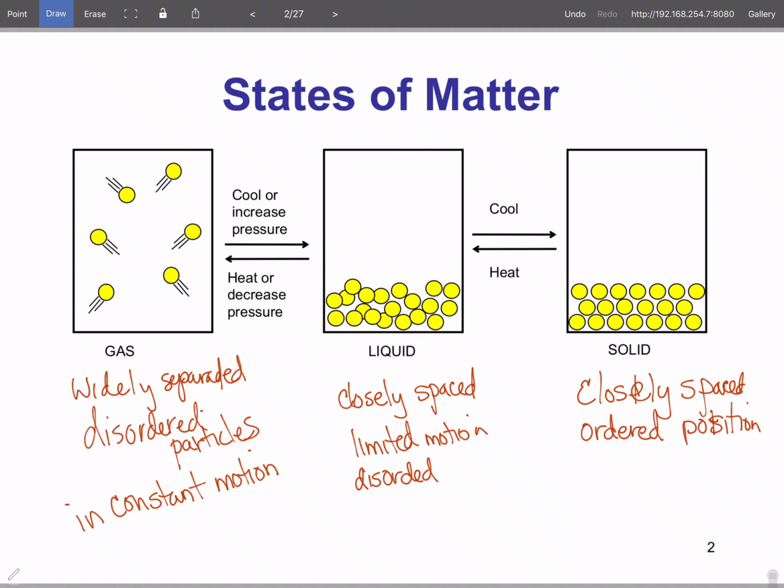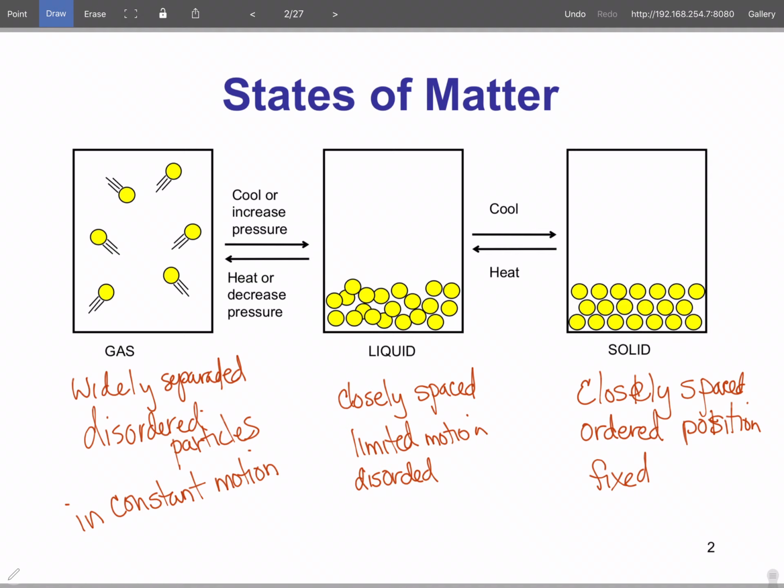And the positions are fixed. Now, that's not to say that there isn't motion. It's like a vibration in place. So, for example, if we were to turn off gravity, if you were in a classroom and you were free floating, then you'd be a gas. If we put you at tables where we had benches so you could slide up and down the benches, you would have more order, so you'd be a liquid.